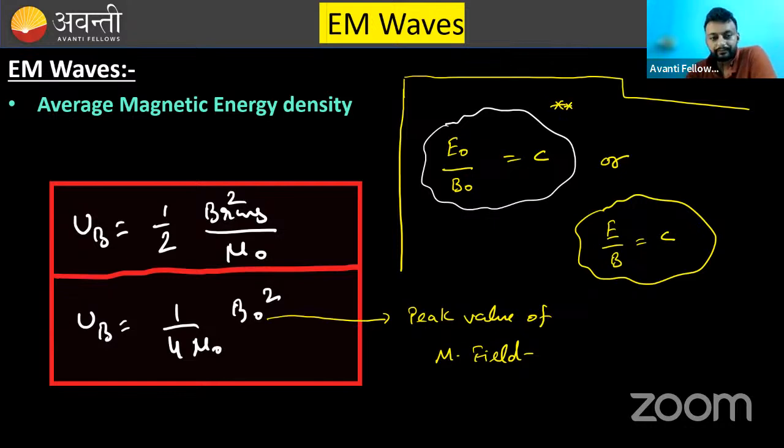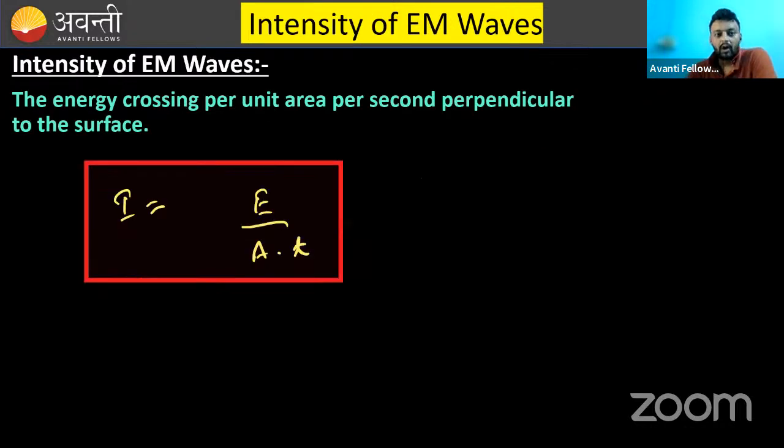Okay, moving further. What is the intensity of an electromagnetic wave? If I say intensity, intensity means energy coming per unit area per unit time is called intensity.